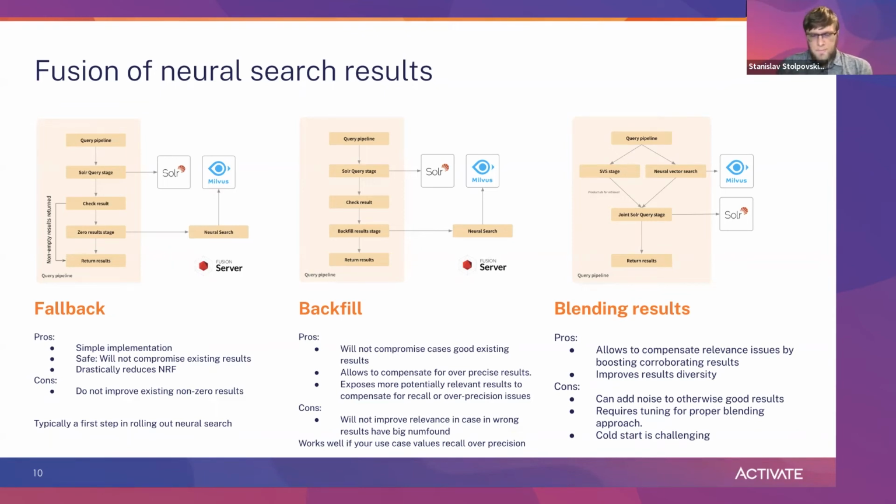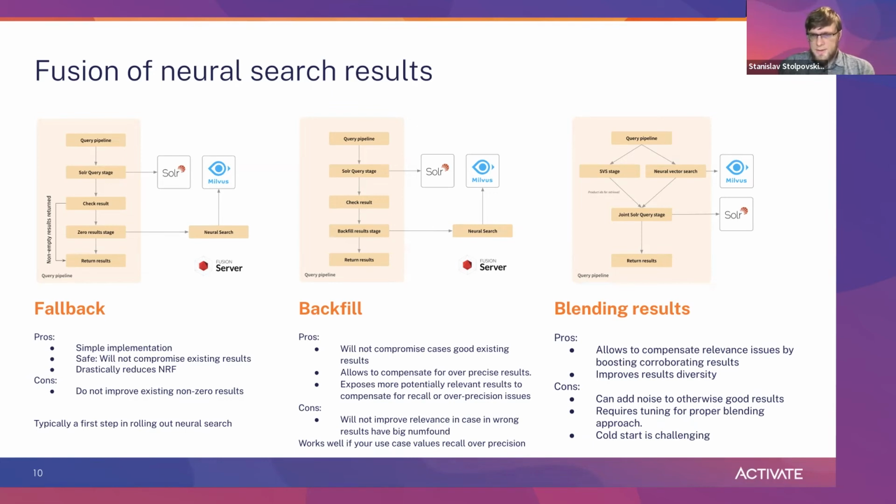The backfill helps systems when you don't have enough recall, and you can backfill low recall results from neural search systems. It's a semi-efficient approach. Sometimes you can backfill with good relevancy, but if your system returns bad results at the beginning, they still will be shown at the beginning. So it's not solving all problems, but it still helps if your system suffers from low recall.